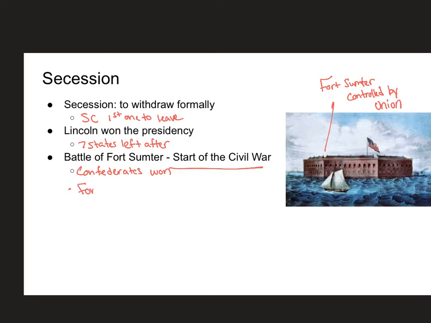So Fort Sumter had requested supplies. And when Lincoln sent troops and supplies, they were fired upon.